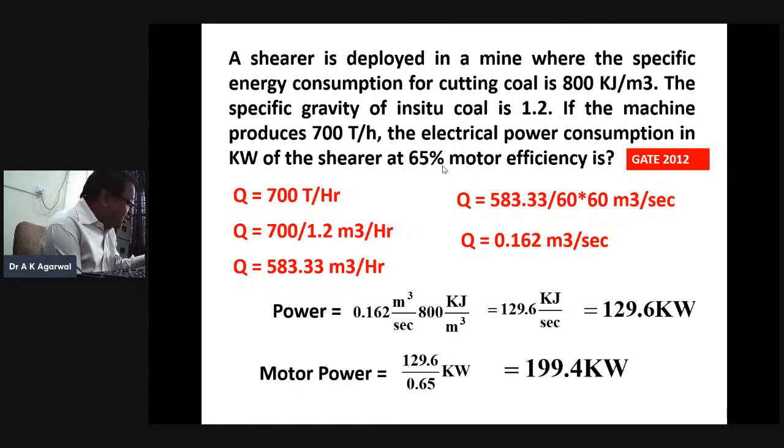Its efficiency is only 65%. That is why more power will be required at the motor. So motor power of 199.4 kilowatt is required to produce 700 tons per hour of coal.